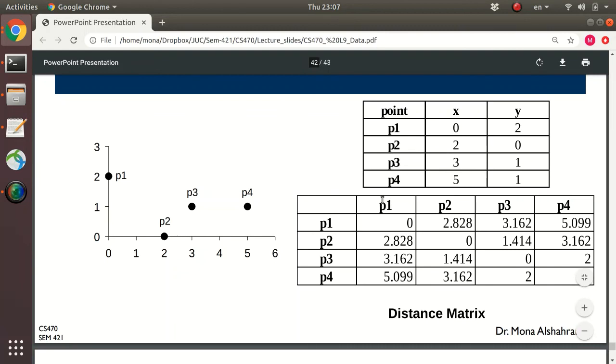Because they are identical, the distance is 0. And we see that we only need the upper triangle of this matrix, because the lower triangle is the same. The distance between P1 and P2 is the same as the distance between P2 and P1. So if we were to save these values, we can save only the upper triangle.